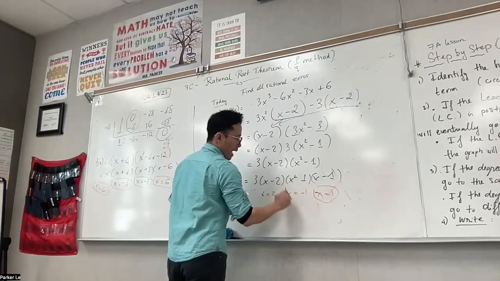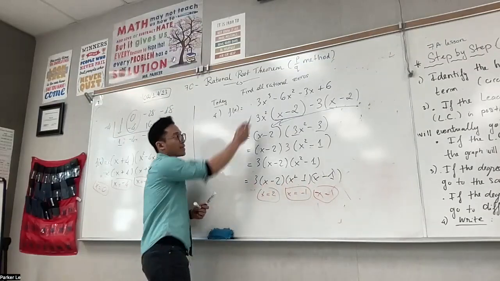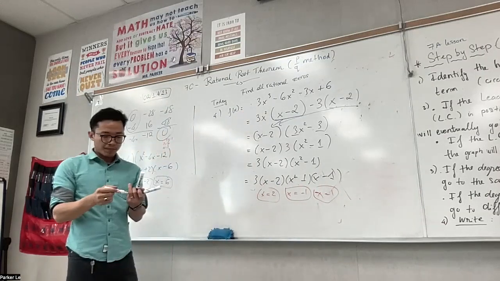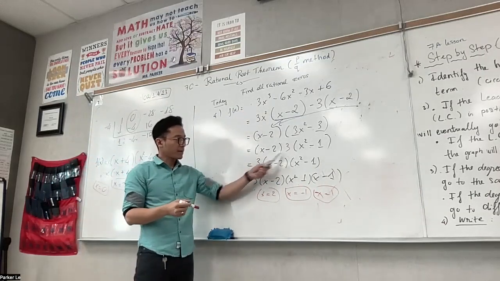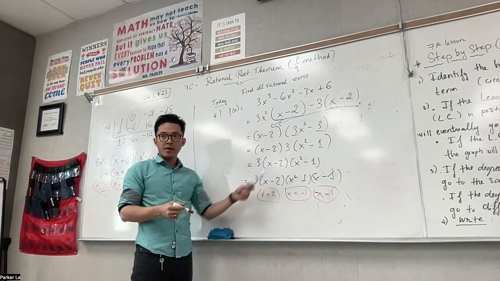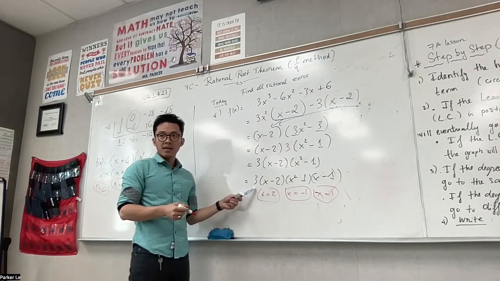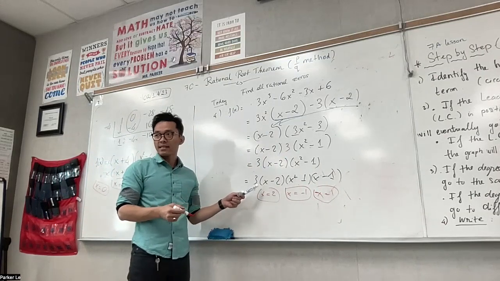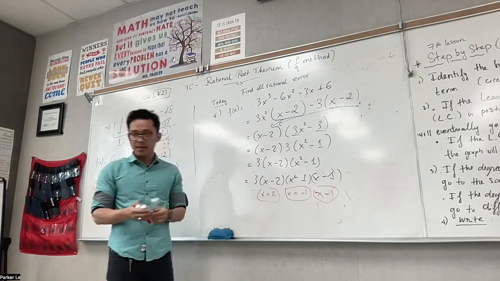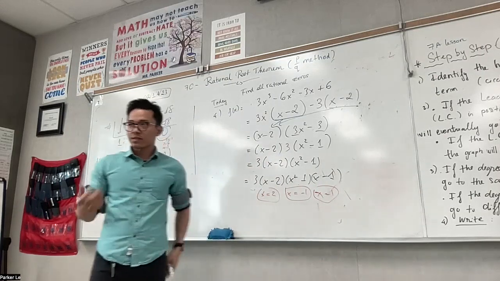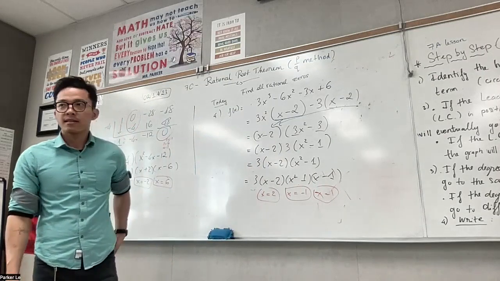How many solutions do you have? 3. The 3 is from here. What happens to it though? Nothing. Only when you have some x outside, that is going to be 0, but it's the number outside, so it doesn't matter. So that concludes our lesson.